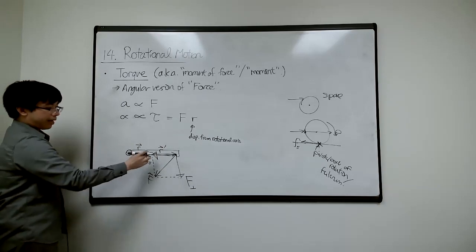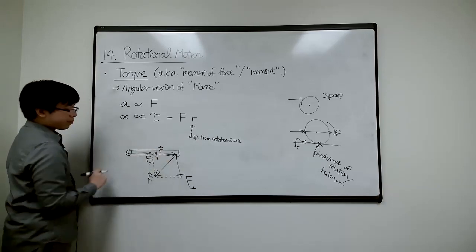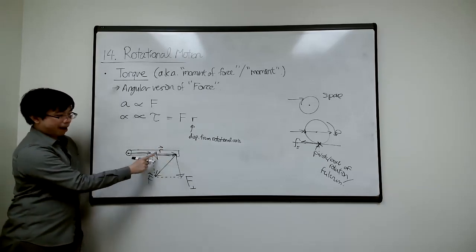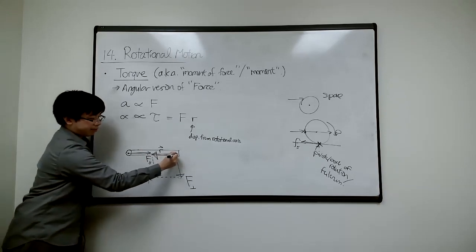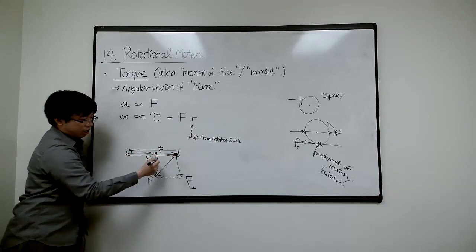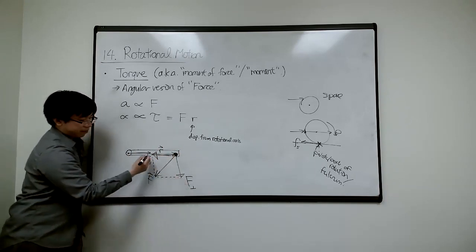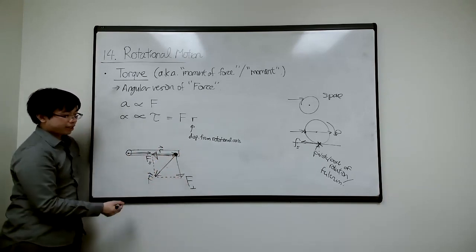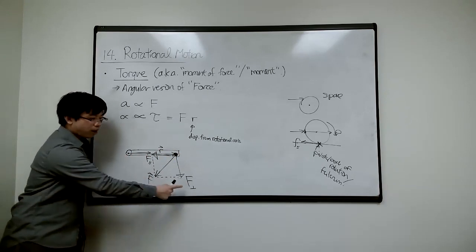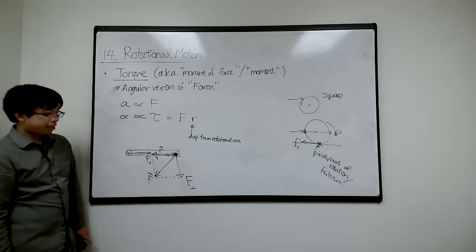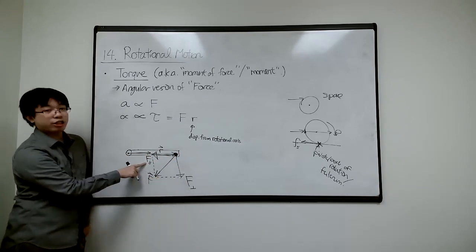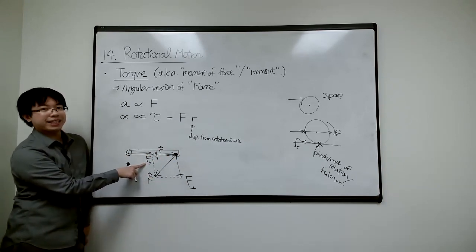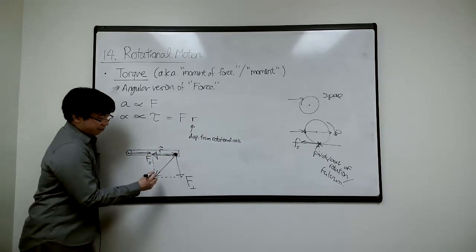Parallel to R. Okay, so let's call this R. This is parallel to the displacement vector of the rotation axis, and you're pushing at this point. So there's R, there's F, there's each of the components. Which component, the parallel one or the perpendicular one, is going to open the door for you? It's the perpendicular one, right? This guy's not going to do anything for you in terms of opening the door.